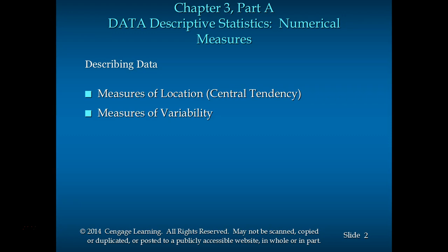And there are two major types of statistics that you can get. One is measures of location. Where is the data? This is also called a measure of central tendency. And the other one is a measure of variability. How spread out is the data?